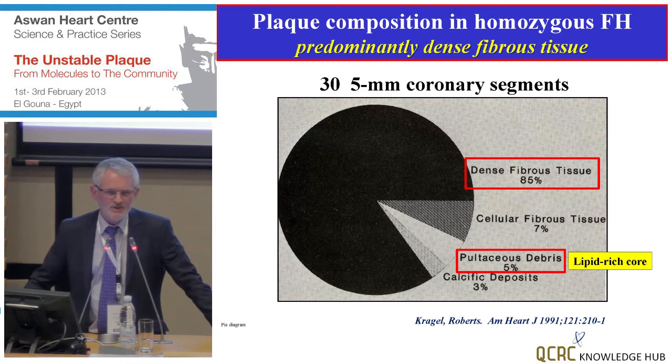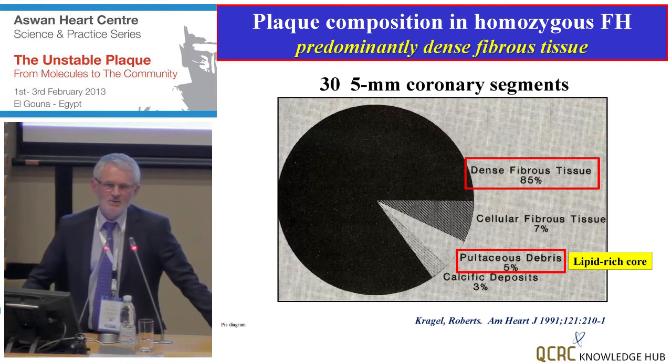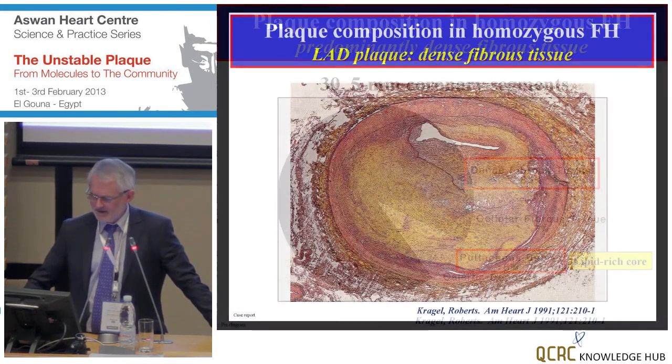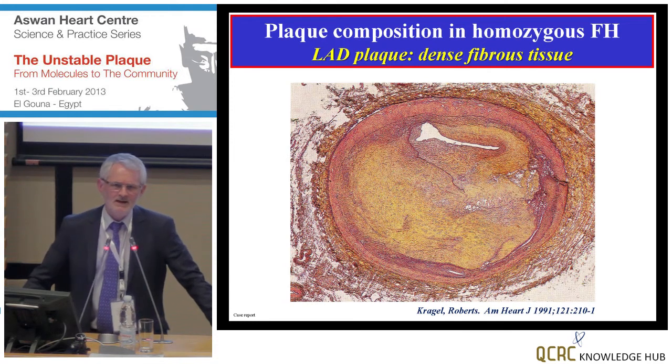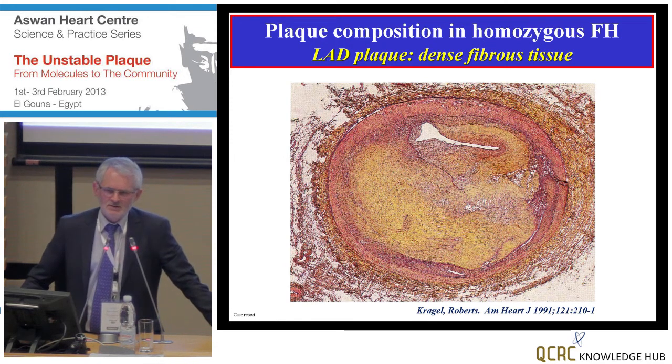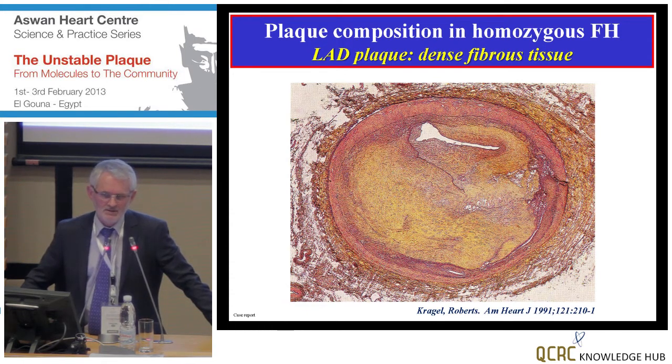And only 5% of the plaque was composed of lipid-rich material. And here we have a cross-section of the left anterior descending coronary artery, and we can see that most of this is dense fibrous tissue, and there is only very little lipid-rich material. So there is no clear relation between plasma cholesterol level and plaque composition.